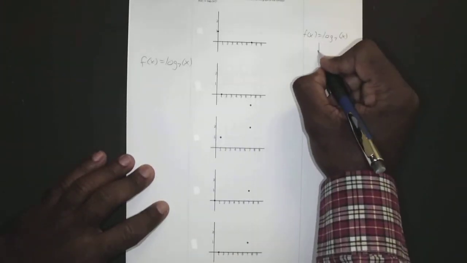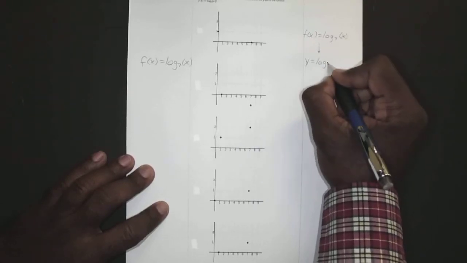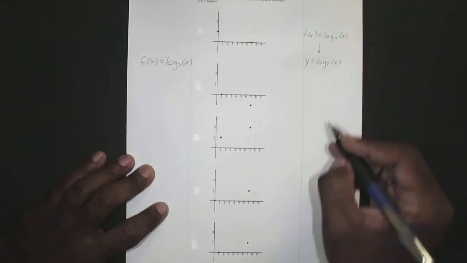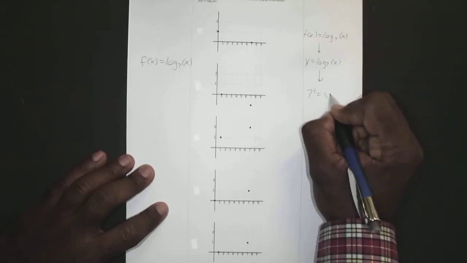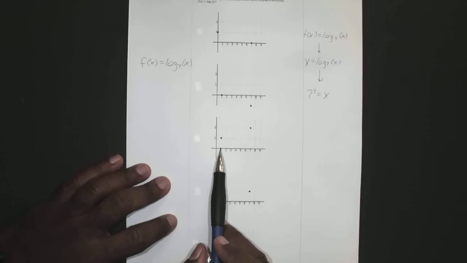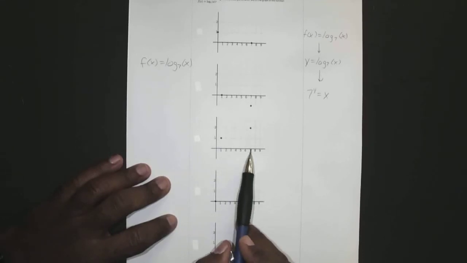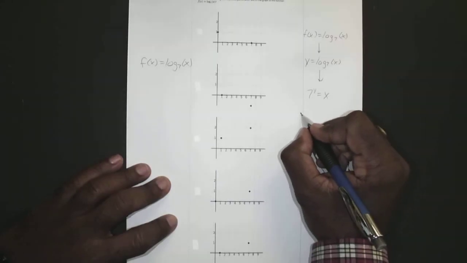We can just write that as y equals log base 7 of x, which is 7 to the power of y equals x. Now for this one, they kind of give you x and y values. Here you have x equals 1 and x equals 7. So you can pretty much pick those.